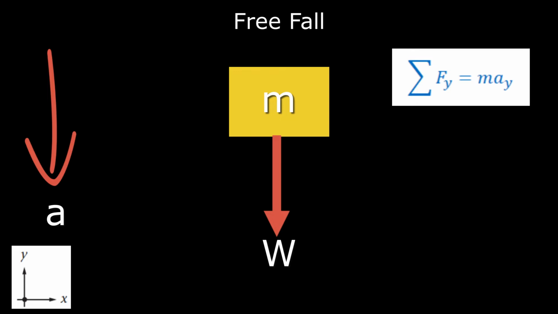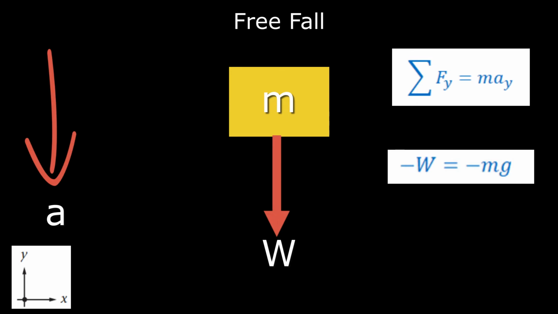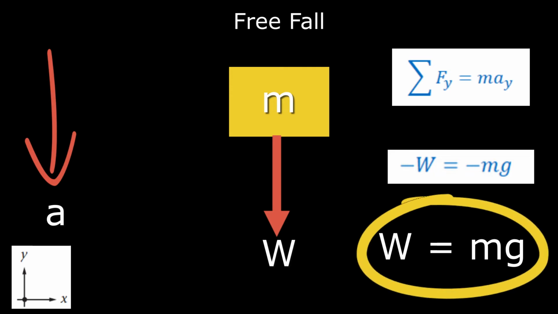Now ay is minus g, and the net force is also in the downward direction, so we can write minus W equals minus mg. From here we get the weight of an object of mass m: W equals m times g.